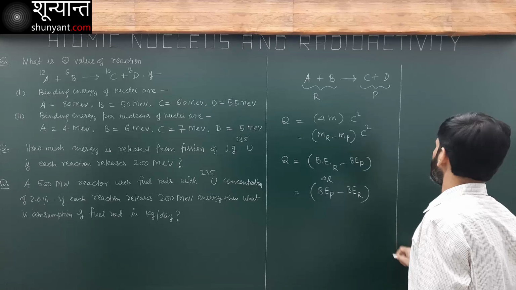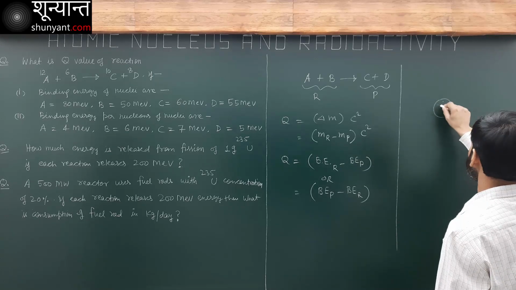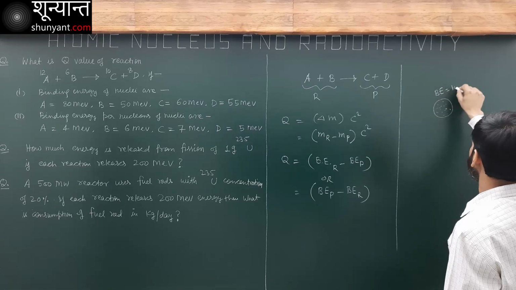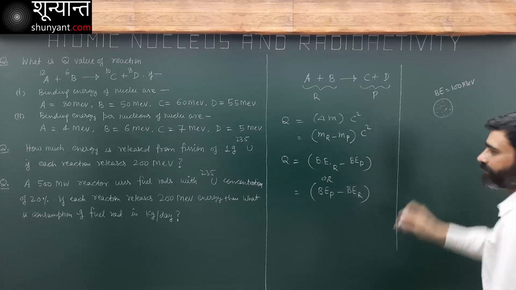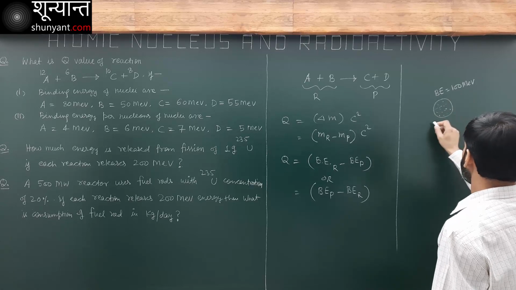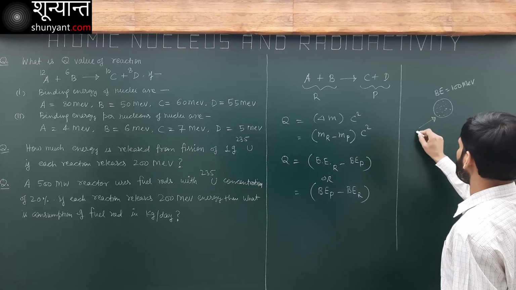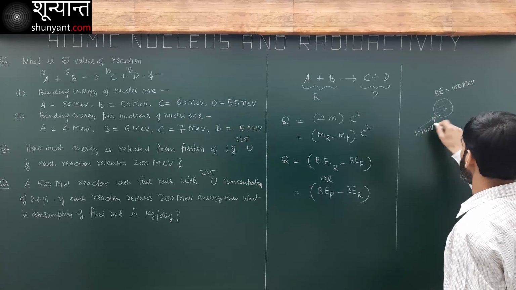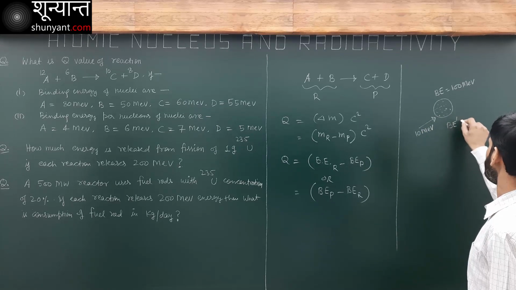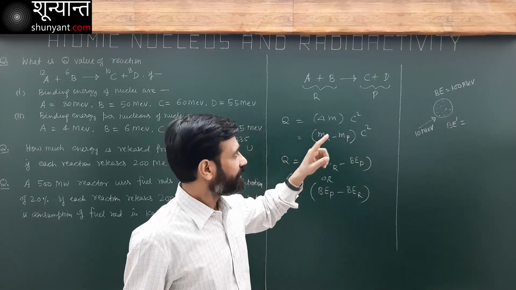Let's say that I have some nucleus. Its binding energy is, let's say, 100 MeV. Now if I add, let's say, 10 MeV of energy, what will be the new binding energy?